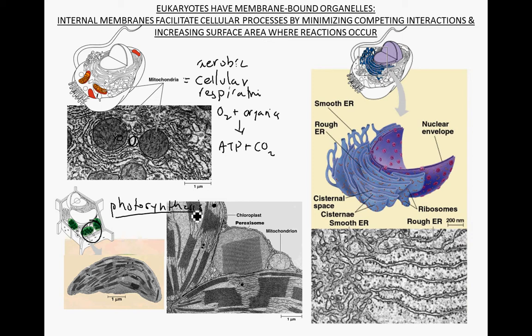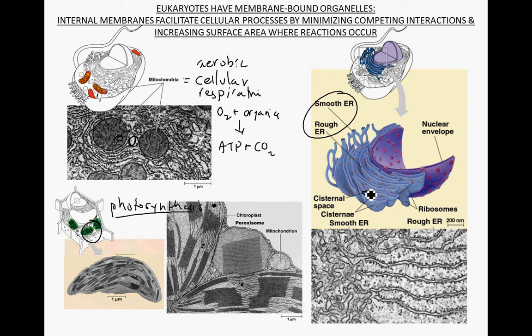We've already talked a little bit about gene expression, and the endoplasmic reticulum and the Golgi apparatus are other membrane-bound organelles, and many of the reactions that are happening to modify proteins are happening inside the lumen of this ER, and then those proteins are being transferred to another apparatus, the Golgi apparatus there.